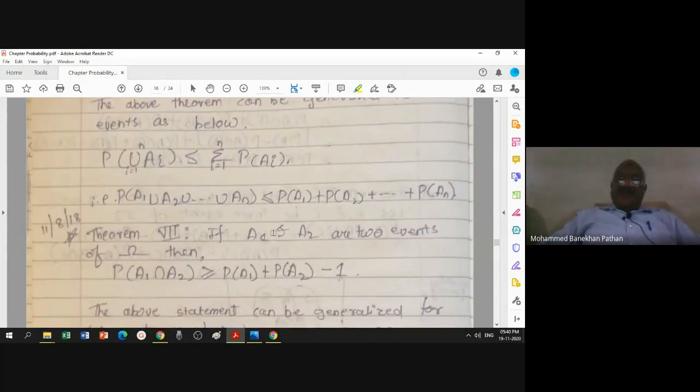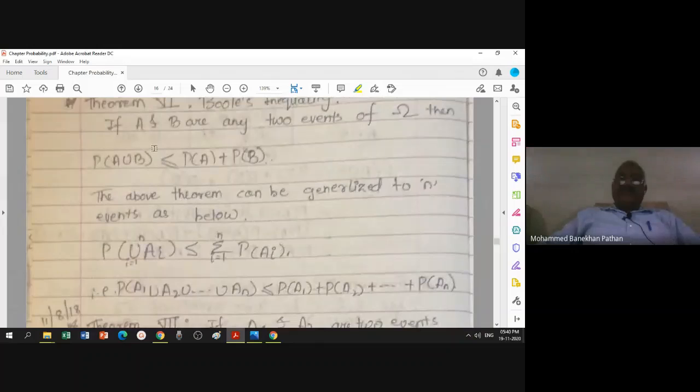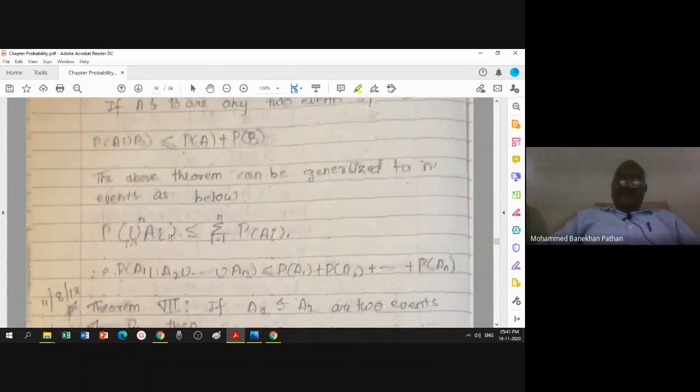That is, P of A1 union A2 union dot dot union An is less than or equal to P of A1 plus P of A2 plus dot dot P of An. So this is the generalization of Boole's inequality from two events to n events.